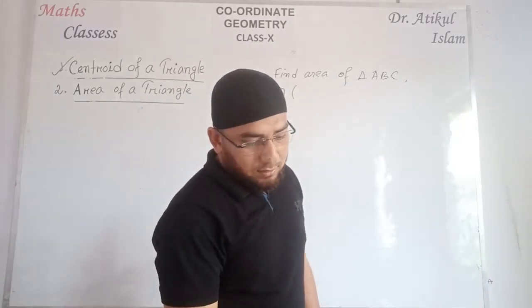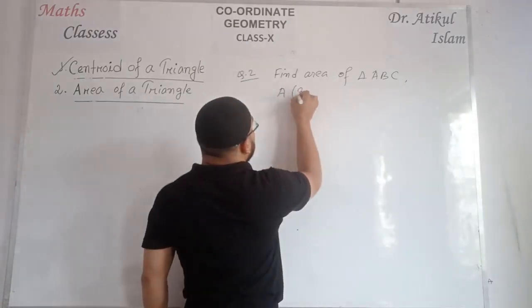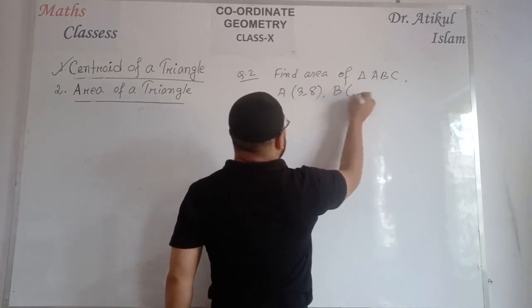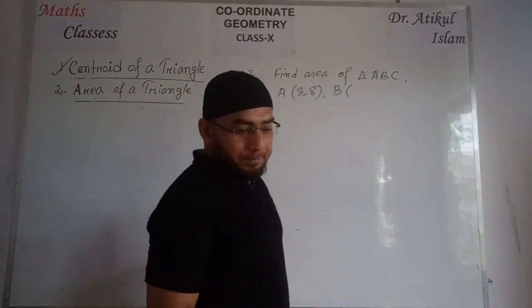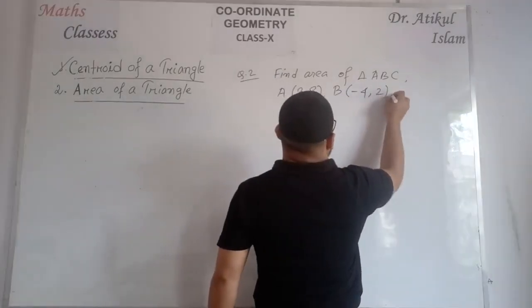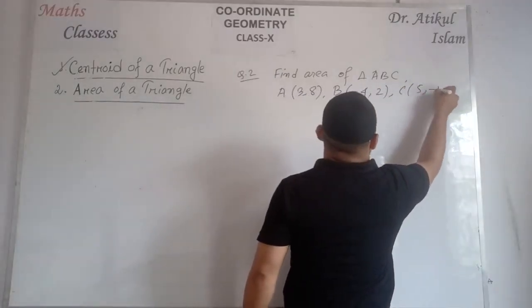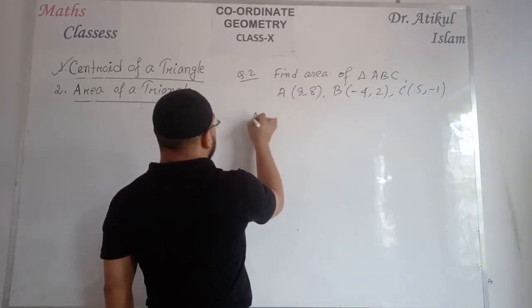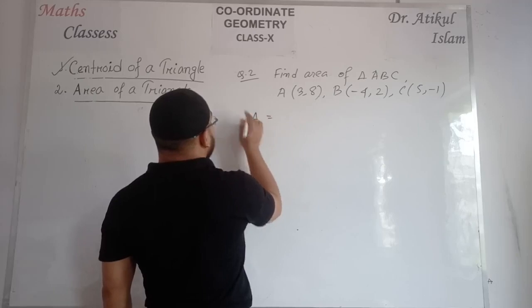Let us take A is (3, 8). B, you can take B (minus 4, 2). C (5, minus 1). So your delta, that is your area of triangle.